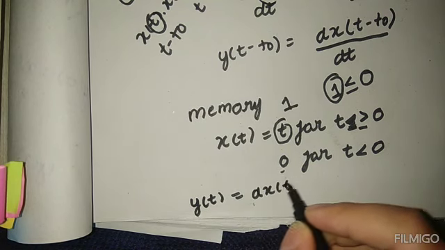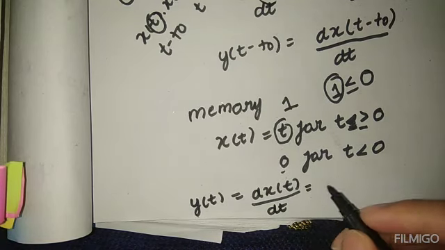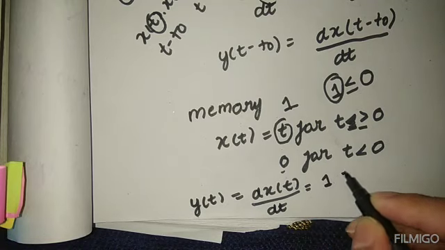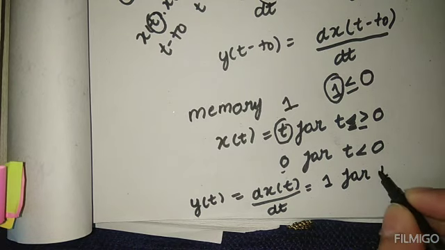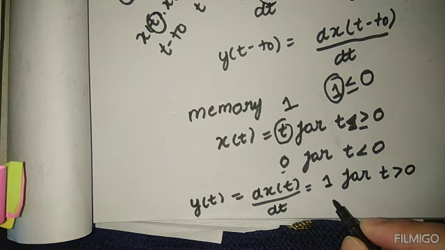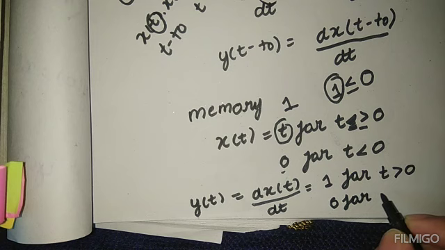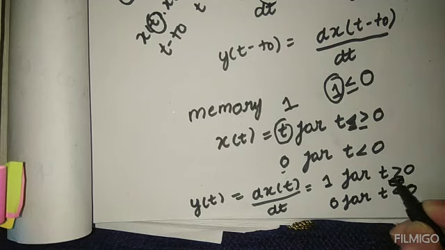For dx of t by dt, you can see that it would be 1 for t greater than or equal to 0 and 0 for t lesser than 0, right? Yes. So now here he is telling that it is 1 for t greater than 0 and 0 for t less than 0, right? Here 0 is not considered because it is not equal to, that is being given here. It is only greater than, right?